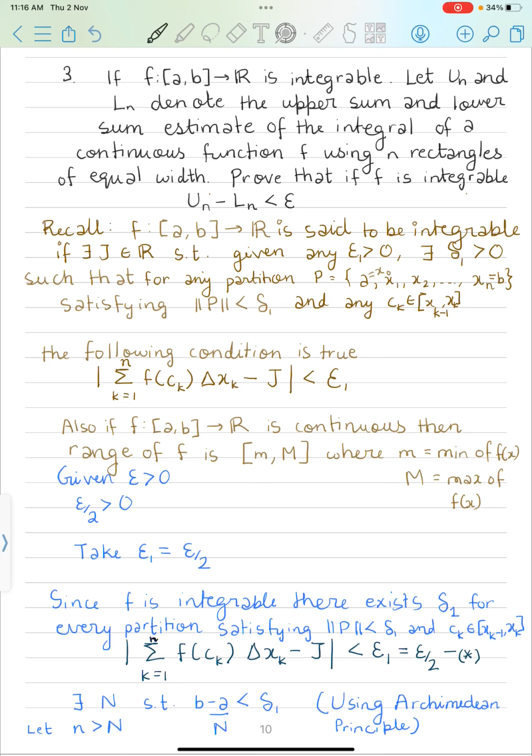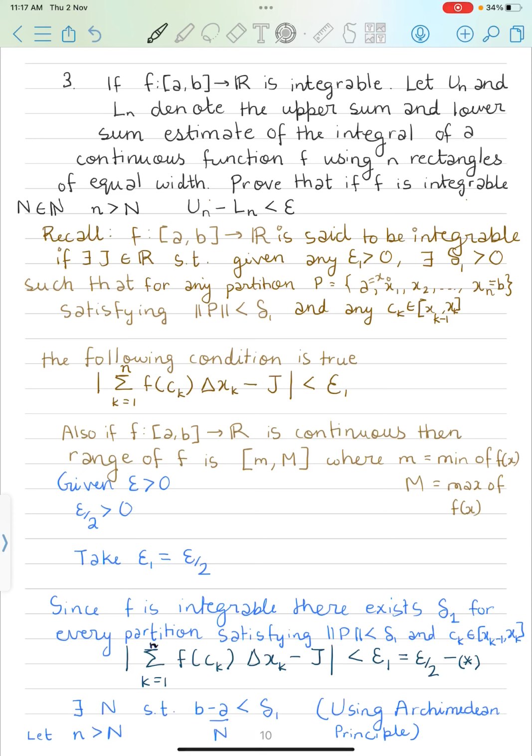If f is integrable, we have to find an N, which is a natural number, such that for any n greater than N, Un minus Ln is less than epsilon.